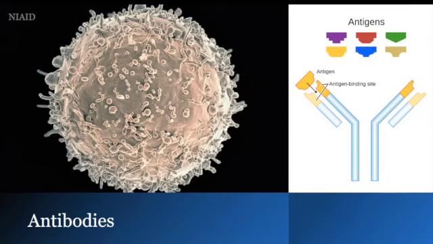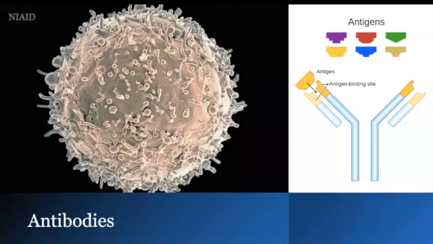Antibodies are one of the tools your body uses to fight off infections, and they are very, very specific to the type of antigen that raised the immune response. They can even be very specific to the small piece, or epitope, of an antigen that raised the immune response. This fact will become important later when we talk about our Saxitoxin antibodies, so keep that in the back of your mind.